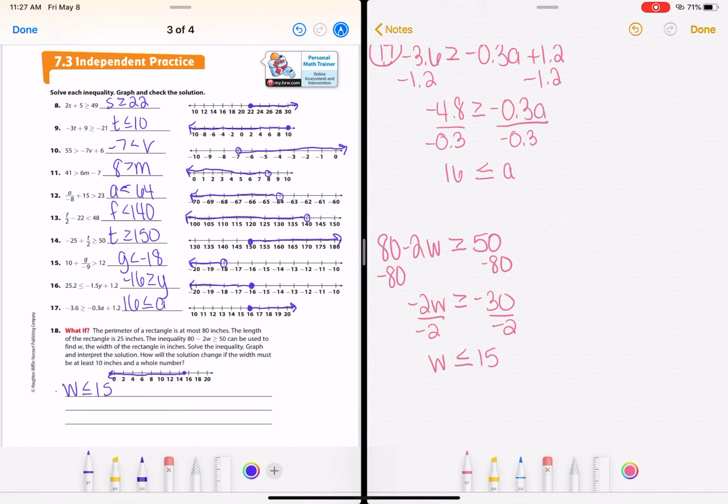How will the solution change if the width must be at least 10 inches and a whole number?